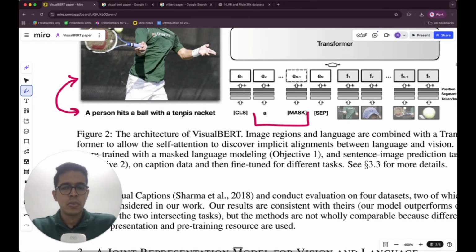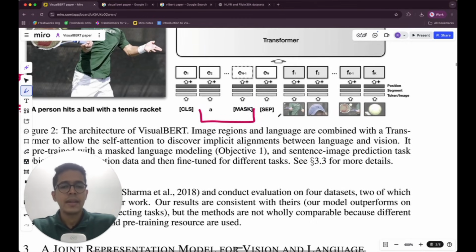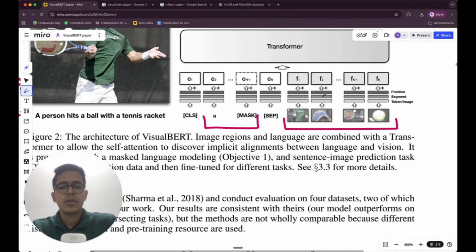A person hits a ball with a tennis racket. Then these are the tokens corresponding to the different region proposals that Faster RCNN gives you. So you pass them as tokens. So now you have a sequence of tokens separated by a separator token and prepended by a CLS token. Inside the text tokens, some tokens may be masked. We'll come to that.